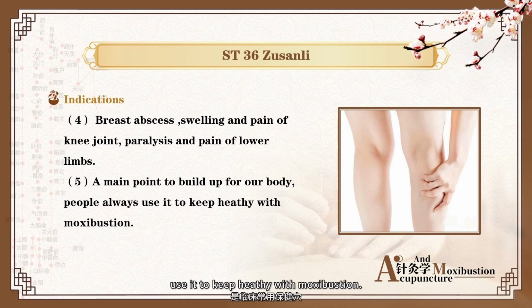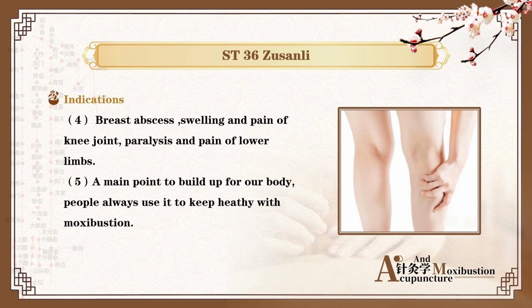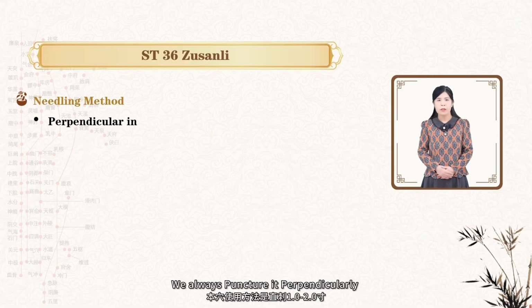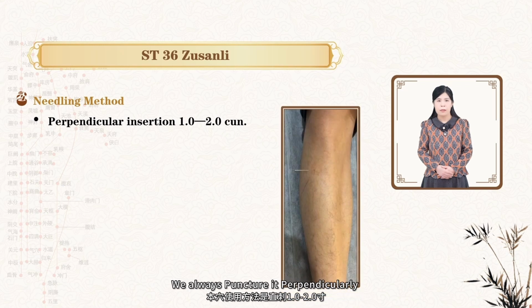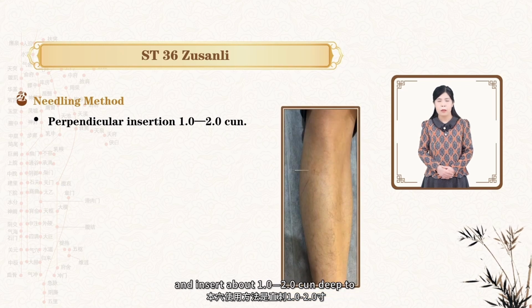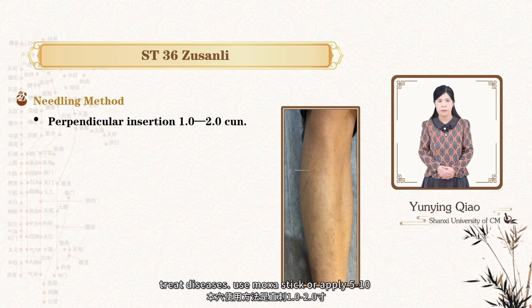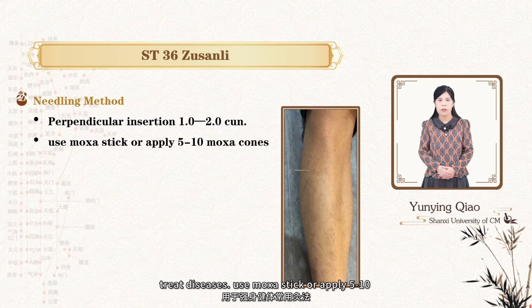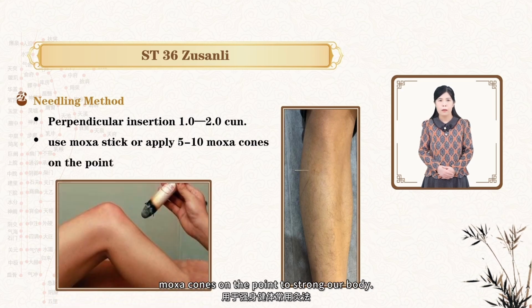People always use it to keep healthy with moxibustion. We always puncture it perpendicularly and insert the filiform needle into the acupoint about 1 to 2 cun deep to treat diseases. Or we can use a moxa stick or apply moxa cones on the point to strengthen our body.